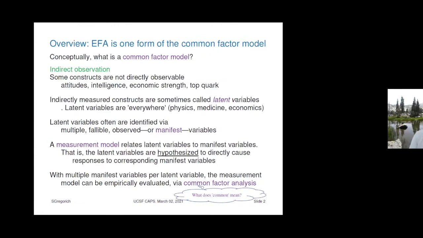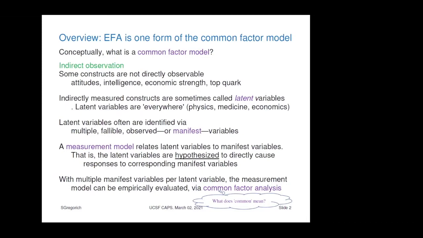And so our approach is to collect information on what can be observed and try to pull it together, so to speak, or pool that information together in a way that will allow us to hopefully claim that we are measuring the latent variable that we hope to measure. And that gives us an approach to do that.